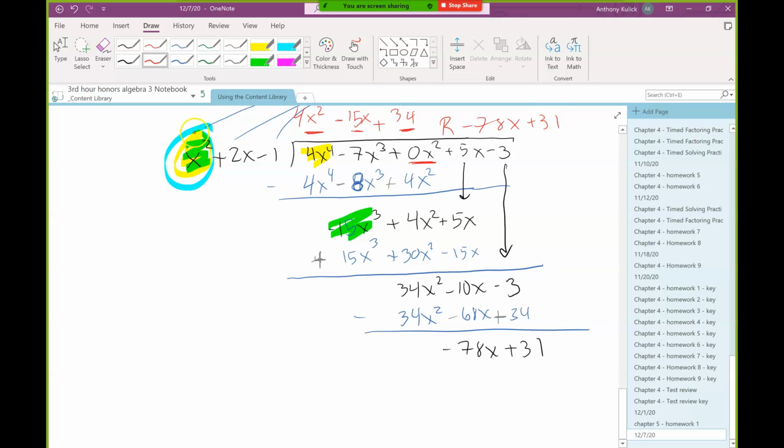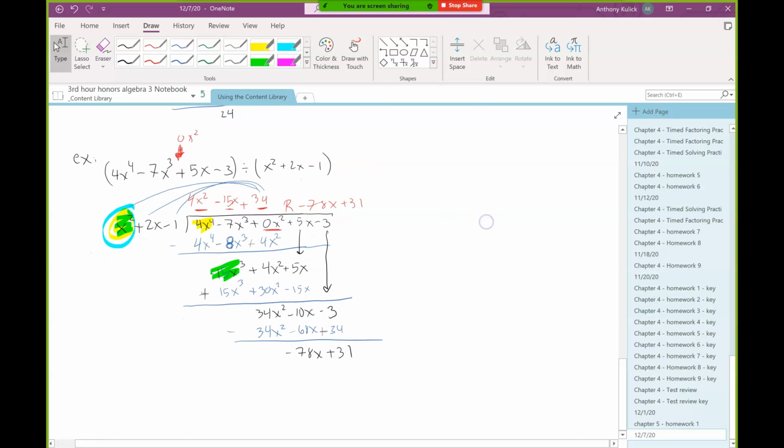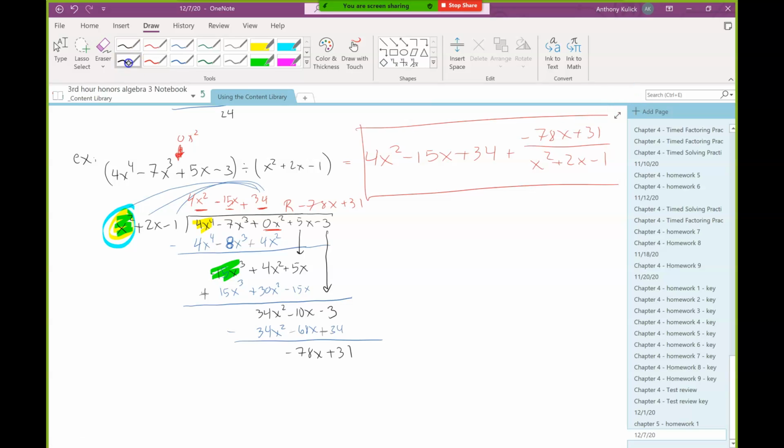The divisor's degree is 2. The remainder's degree is 1. That's okay. To have x's in, we just need the degrees to be less. And there's my solution.